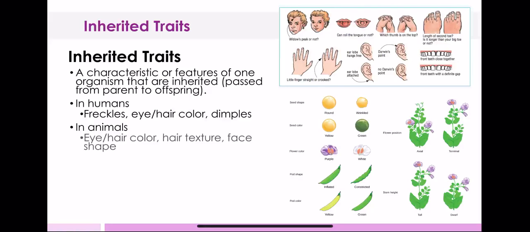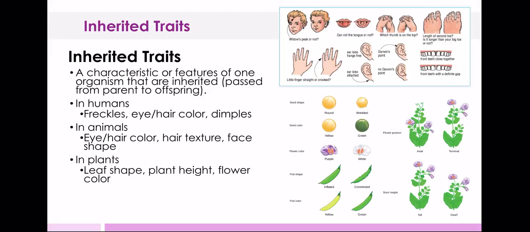In animals, it may be their eye and hair color, their hair texture, face shape. And in plants, and this is what Gregor Mendel was focused on and studying, leaf shape, plant height, flower color. He noticed that different pea plants had different shapes, different colors, and wanted to know why.